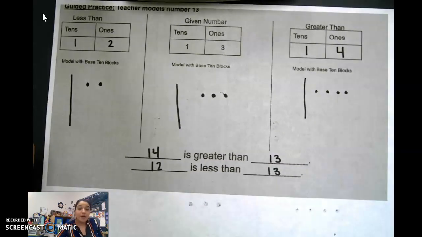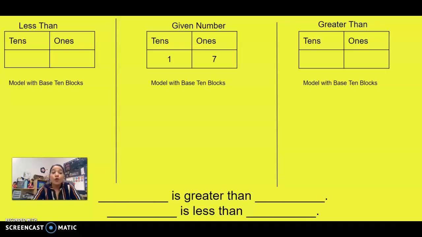Great job, y'all. For your assignment for today, you're going to go ahead and go to the last slide in Google Slides, and you're going to see a chart just like the one we just practiced. It's going to have a given number, a less than place value chart, and a greater than place value chart. What you're going to have to do is generate a number less than and greater than this number, just like we practiced.